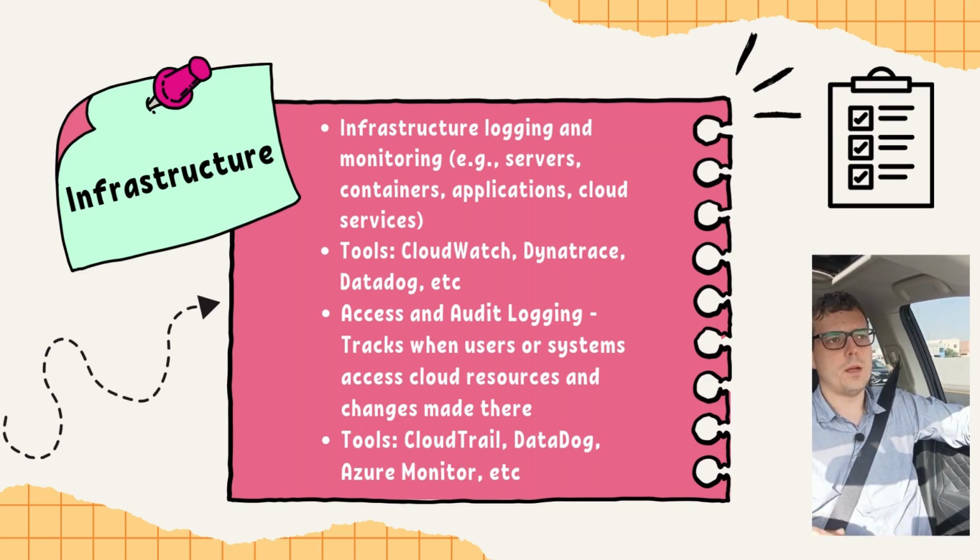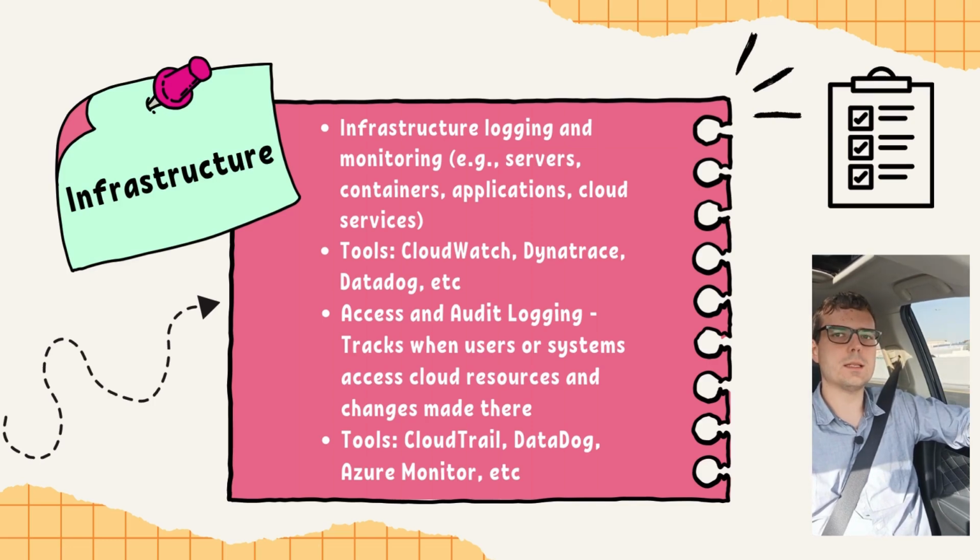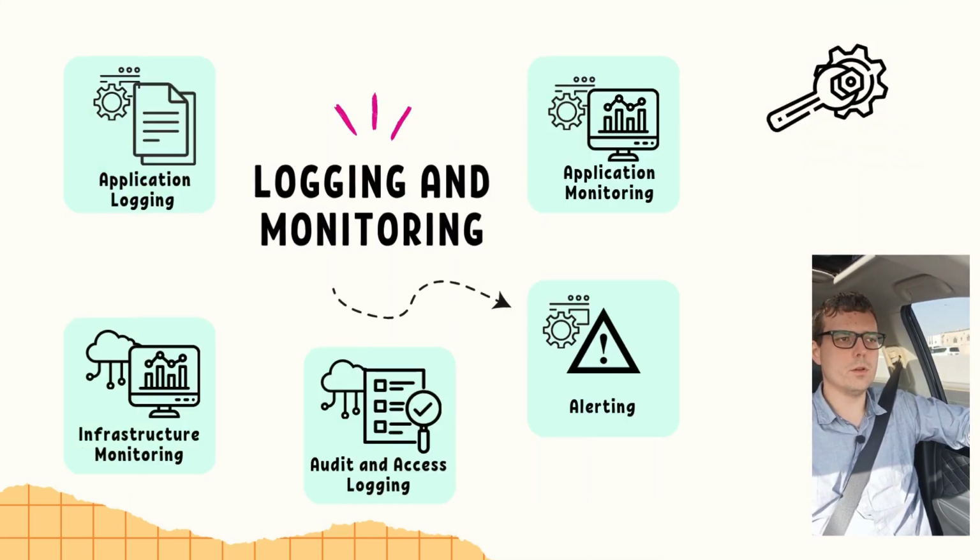So now we have application level logging and metrics, and also infrastructure level. And another very important aspect is alerting. Because just having monitors is very important, but you do not watch these monitors all the time.